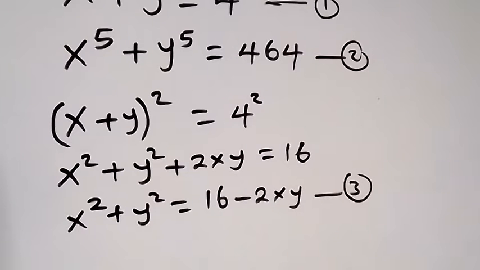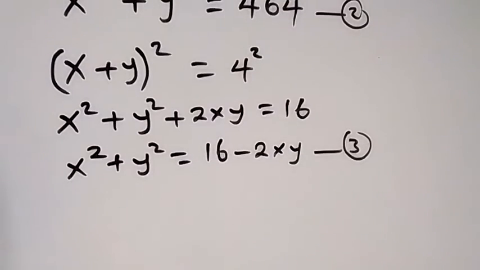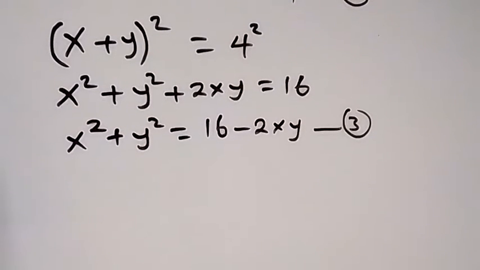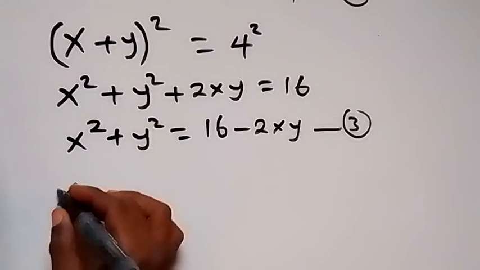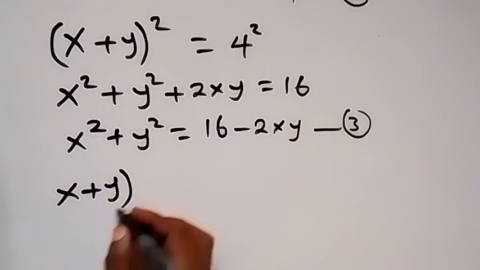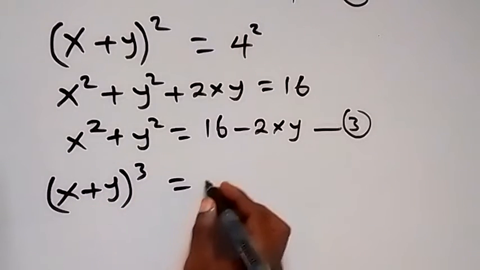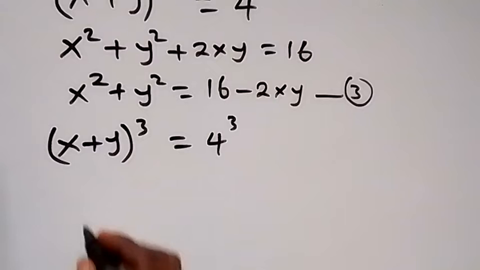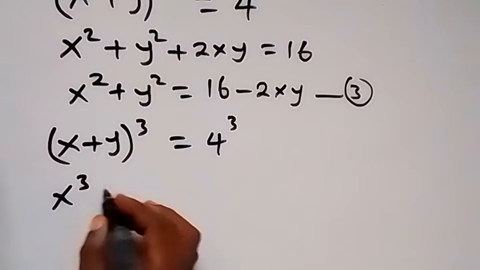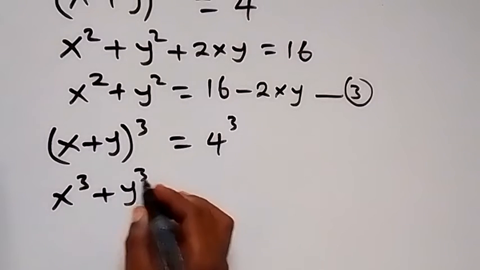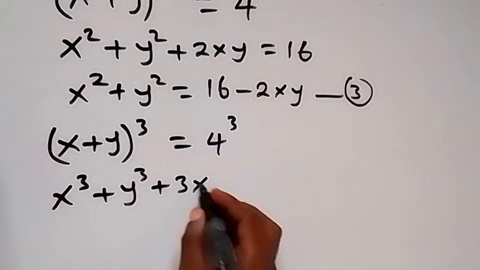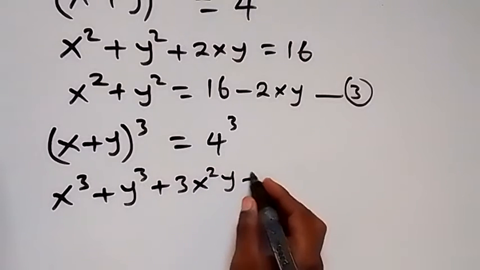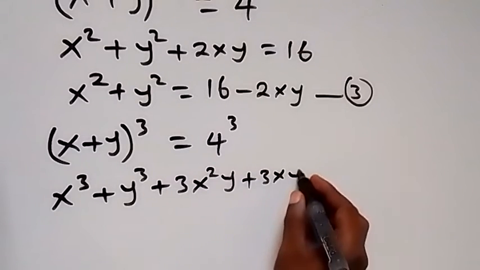And also from the same equation 1, we take the cube of both sides. So let's raise both sides of equation 1 to power 3. We have (x plus y) raised to power 3 equals 4 raised to power 3. When we expand the left hand side, this becomes x raised to power 3 plus y raised to power 3 plus 3x squared y plus 3xy squared.